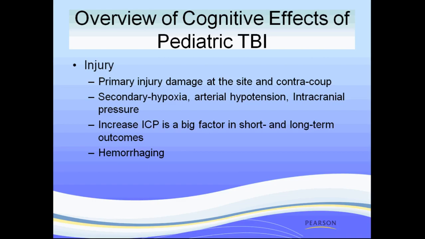You also have loss of blood flow due to arterial hypertension, and on top of that you can have brain swelling and bleeding, which leads to an increase in intracranial pressure. And we know that an increase in intracranial pressure right after the injury has a really big impact on the short and long-term outcomes. Any hemorrhaging as well will have a big impact.